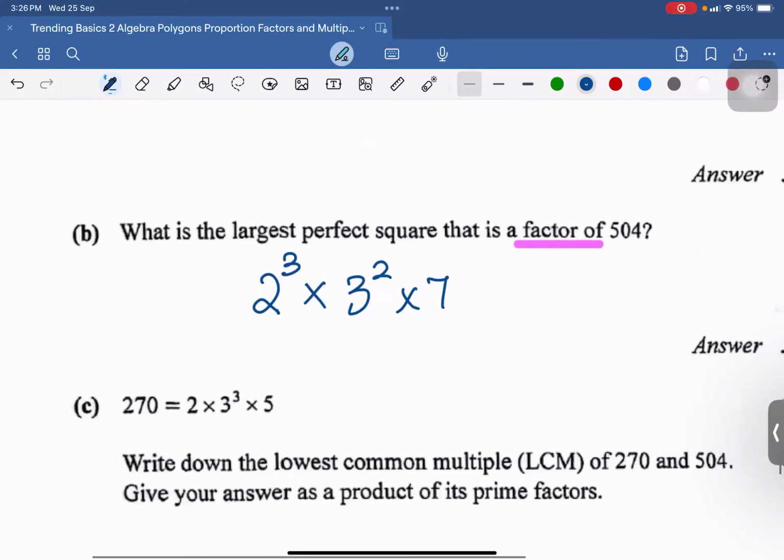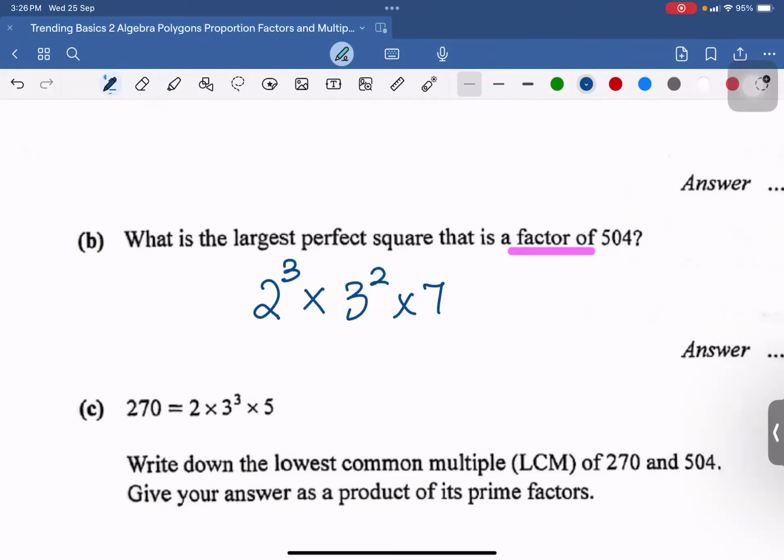Out of these, what are the perfect square factors that I can take out from here? 2 cube itself is not a perfect square. But 3 square, yes, I can take out 3 square. But 2 cube is 2 times 2 times 2, right?